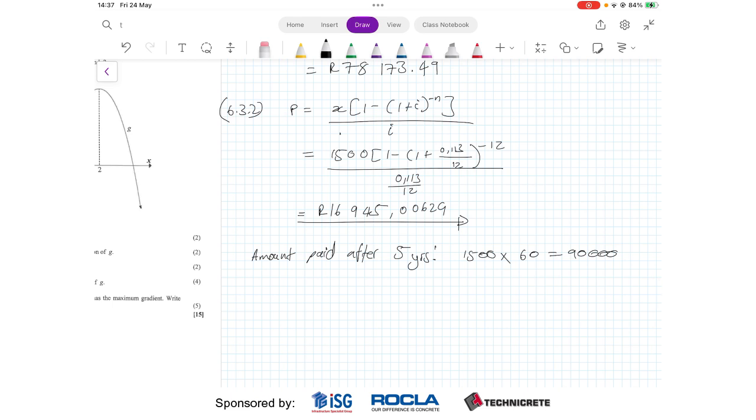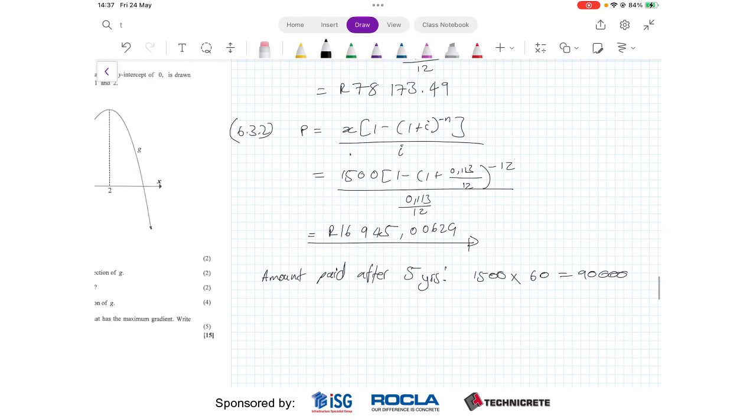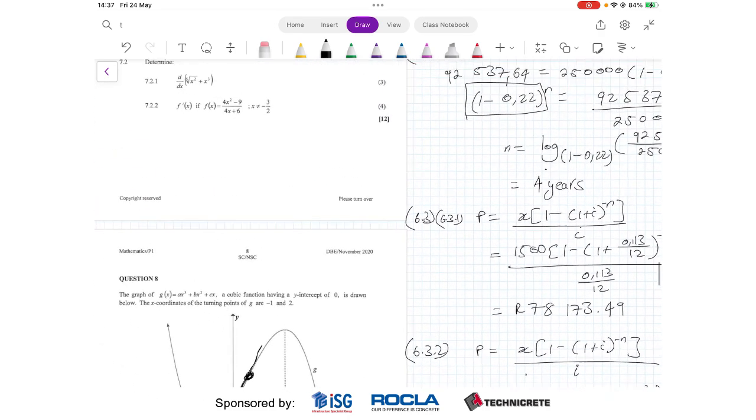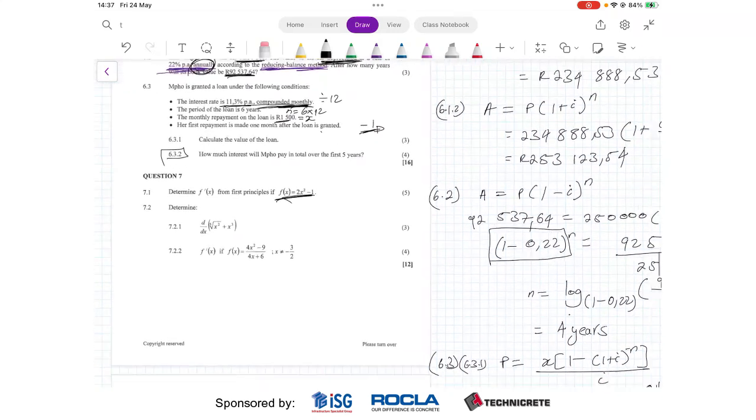Don't mind this 12 right here. This is just a factor. This comes because we are taking how much Mpho pays per year. Don't let that scare you. We're just calculating based on the fact that the interest is compounded monthly, sorry about that, compounded monthly.